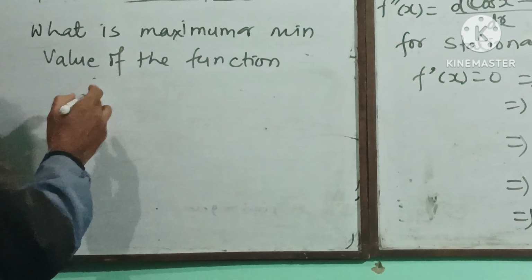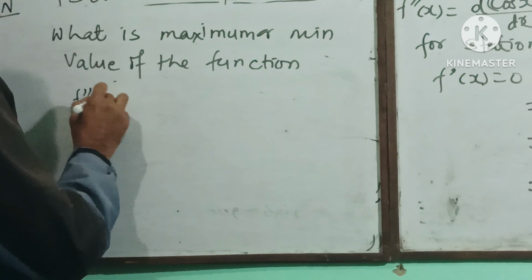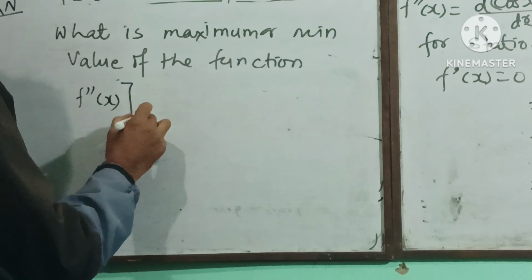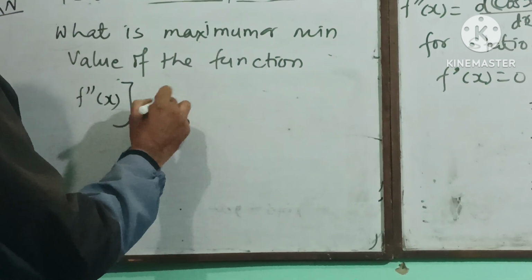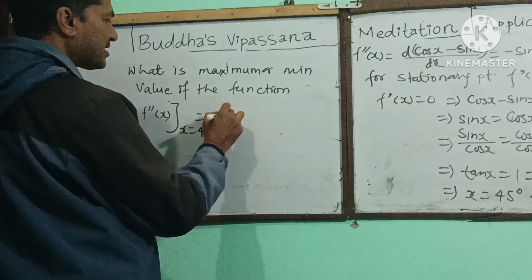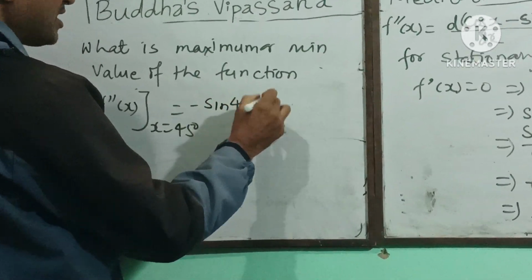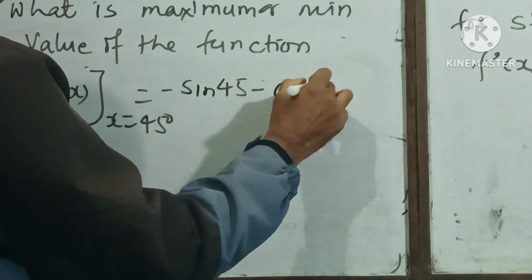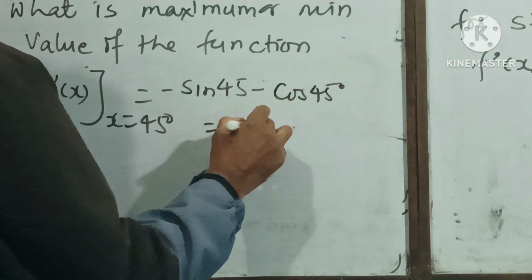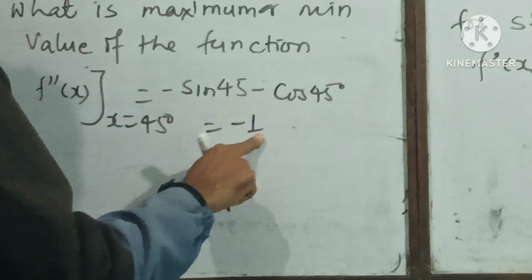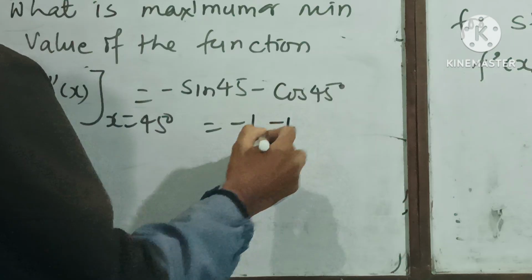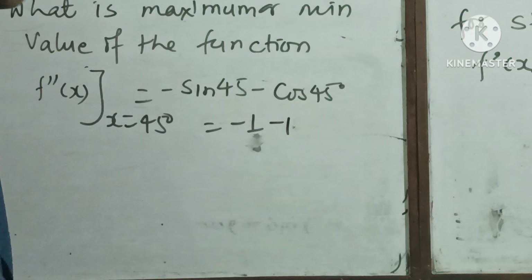So now f double dash of x at x is equal to 45 degrees. This one is minus sin 45 degrees minus cos 45 degrees.